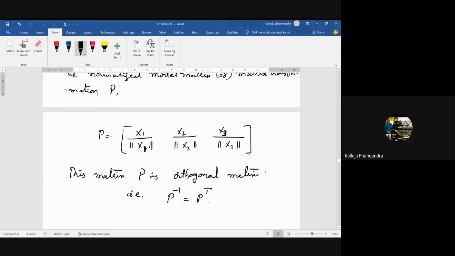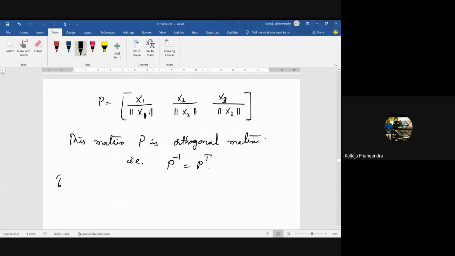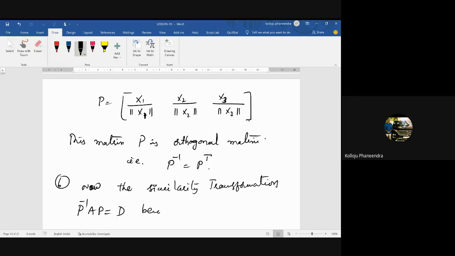Now, step 6, the similarity transformation. P inverse AP equal to D becomes, in place of P inverse, I write P transpose. That's it.